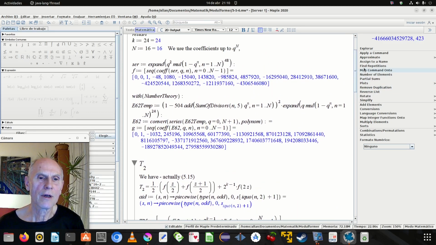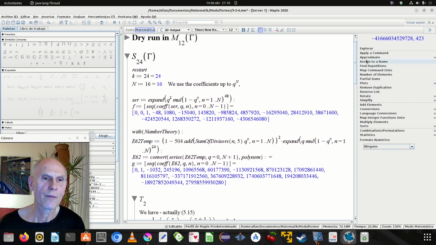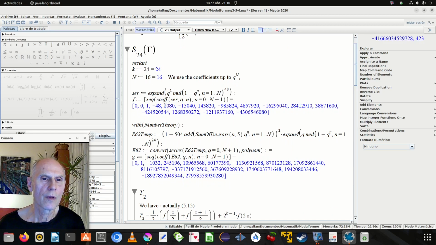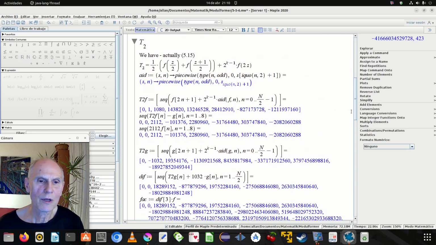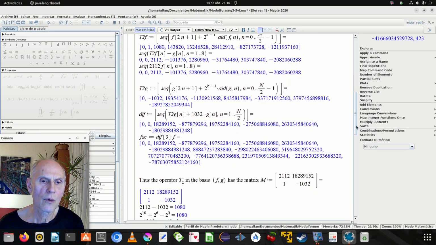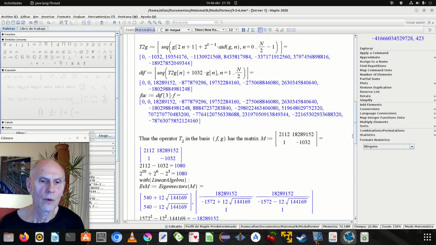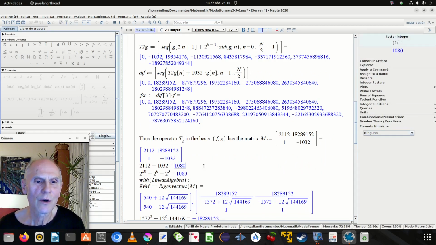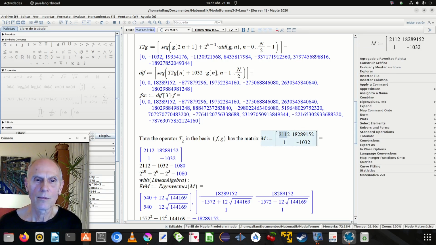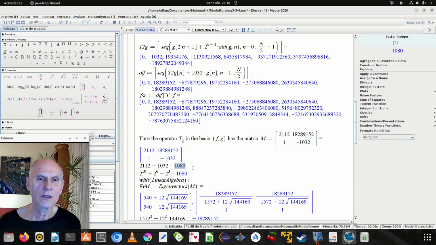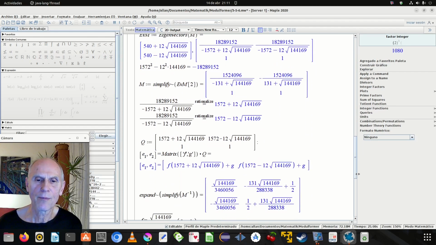Up here, oh, it's down. Further down, we got it. Oh yeah, that was actually here we got it. So here we have the matrix, and the trace is 1080.